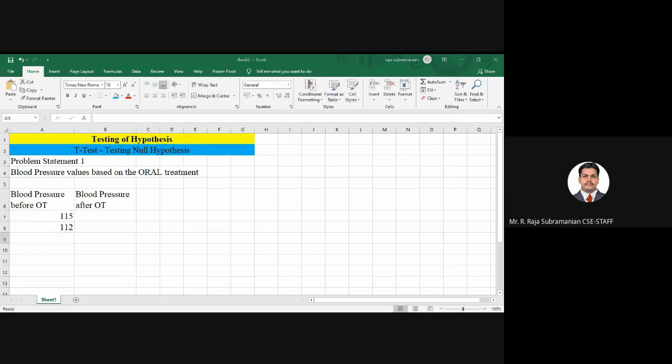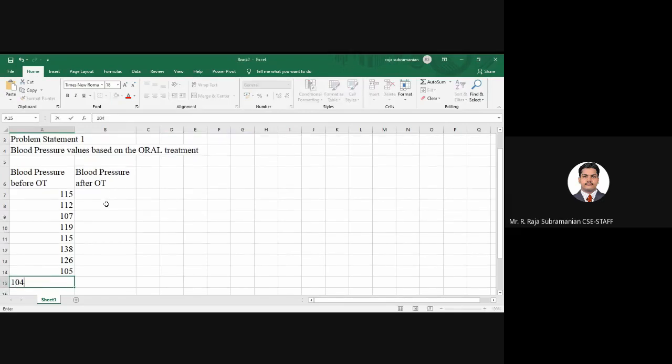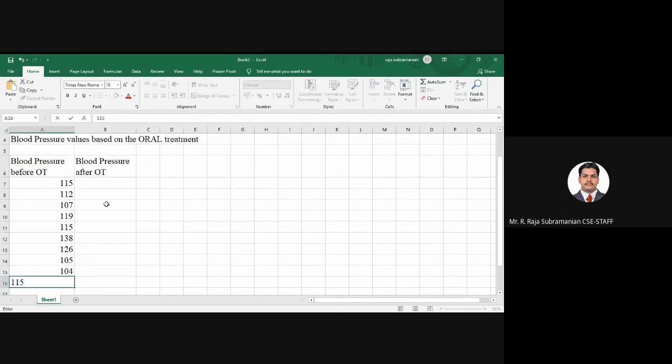That is the p-value. Everything we'll see here. Blood pressure before: 101, 101, 119, 195, 138, 126, 105, 104, 115.